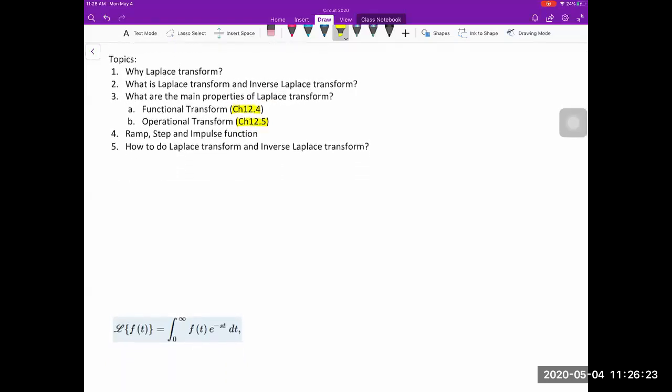Okay, so let's first look at what the Laplace transform is and why we do a Laplace transform. When we deal with the AC circuit, we're looking at the source of the power, which is the voltage or current. They're sinusoidal. And if you remember when we started with chapter 9, we said it's sinusoidal.